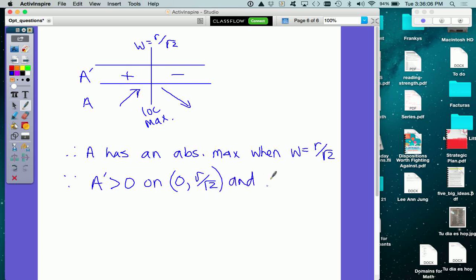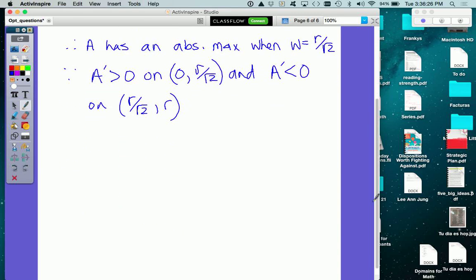And likewise, A prime is negative, which means that A is decreasing on the entire interval from r over the square root of 2 out as far as we can go, which is r in our domain. So now we know what value of w gives us our maximum. Now, because we need the actual area, we need a value for L. We know from previously that L equals 2 times the square root of r squared minus w squared.